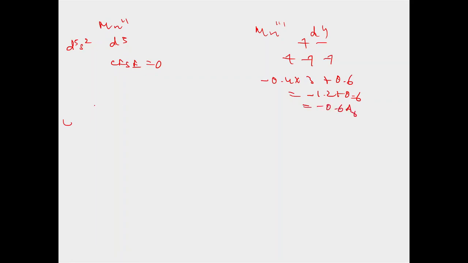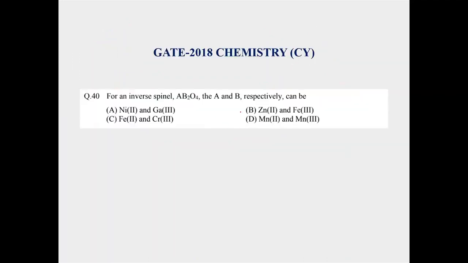So in this case also Mn3+ is having a greater CFSE value than Mn2+. Right. So is this normal spinel or inverse spinel? Normal, right? Normal spinel. So among the given options, we saw that B, C, D have normal spinel structure.